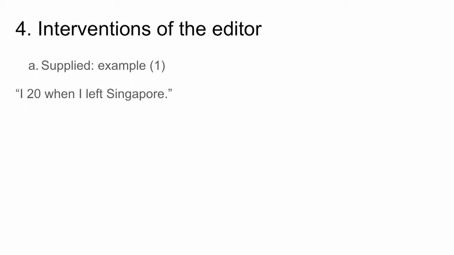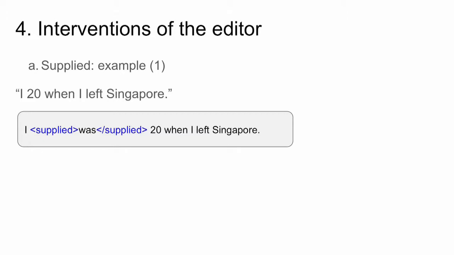There should be a verb in this sentence, and it seems logical that this verb should be "was." So "was" would be expected between "I" and "20." You would therefore place between these two words, "I" and "20," the element supplied with the content "was."